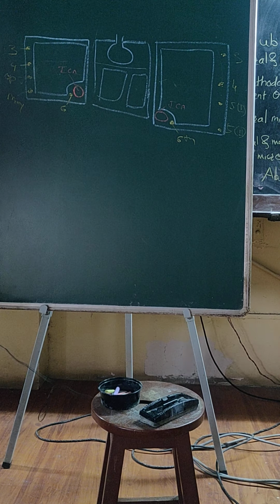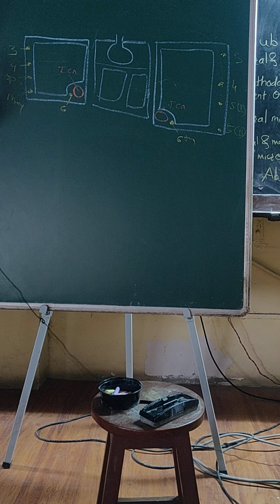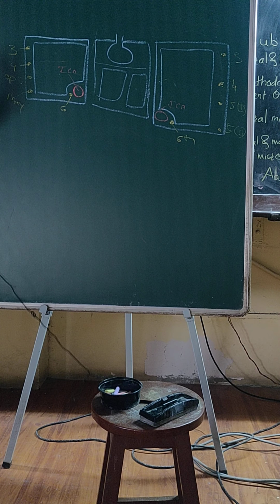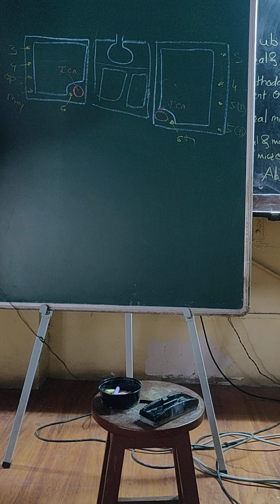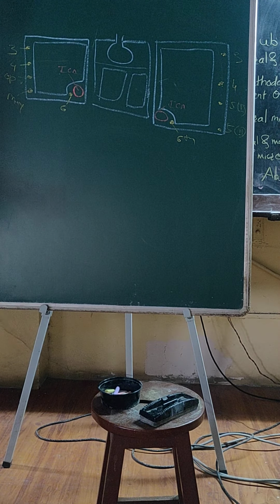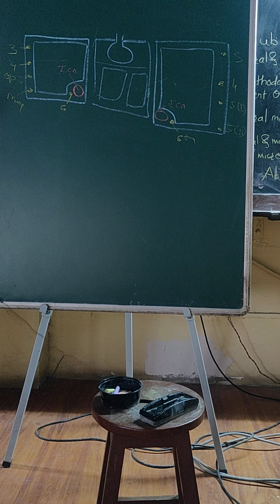Trigeminal nerve has 3 components: ophthalmic, maxillary and mandibular. So mandibular is not here. So these are called the contents, or structures traversing the cavernous sinus.